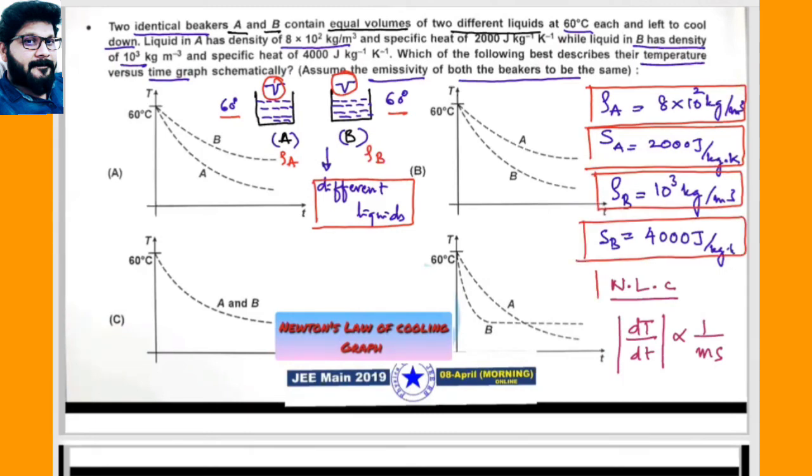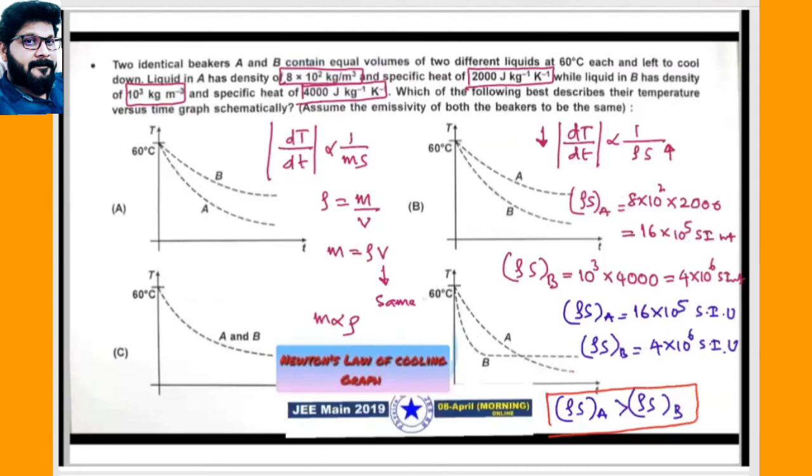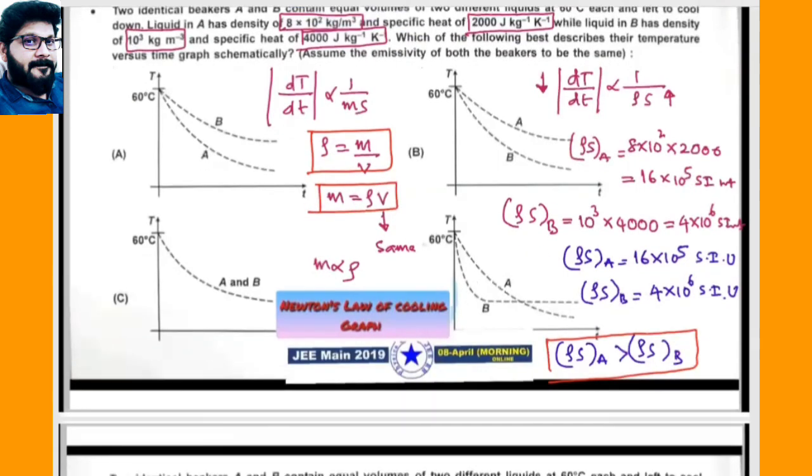According to Newton's law of cooling, rate of cooling is inversely proportional to the product of mass and specific heat. Here it is given that density is equal to mass by volume, or mass is equal to density into volume, and volume is the same, so mass is directly proportional to rho.